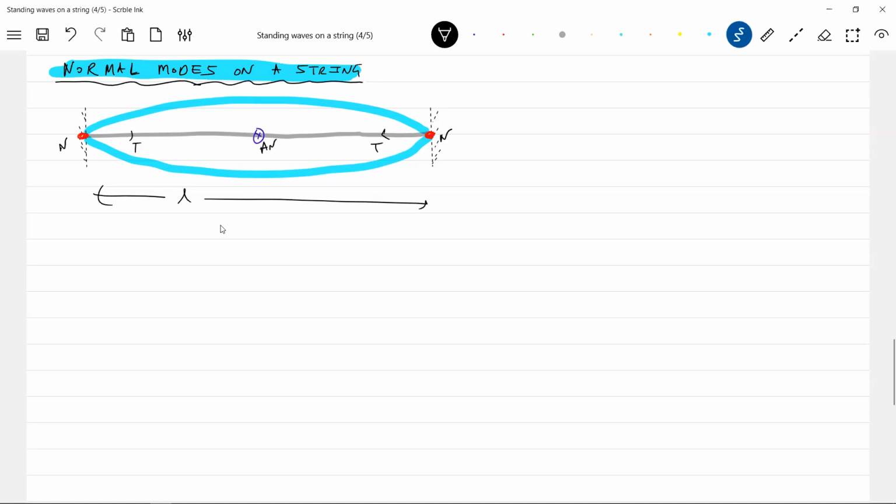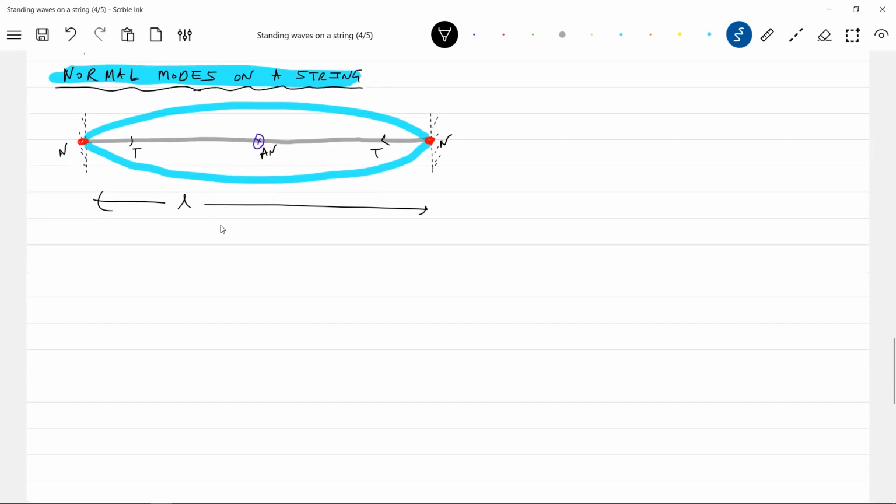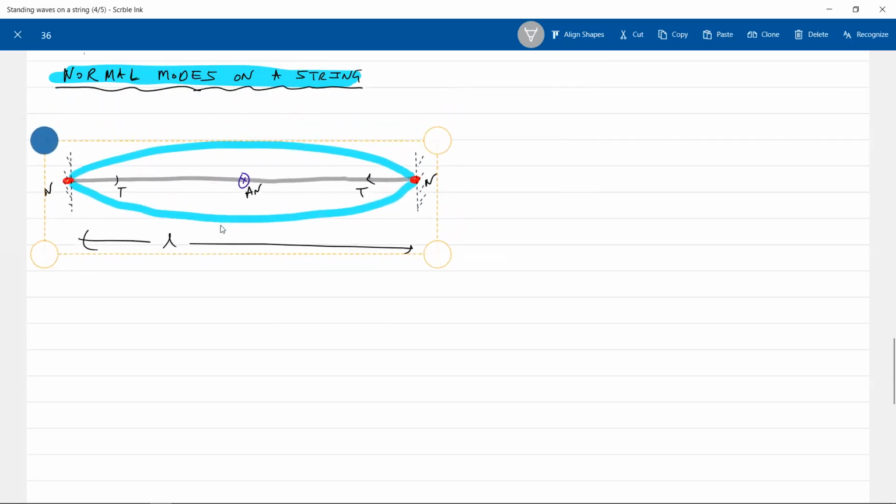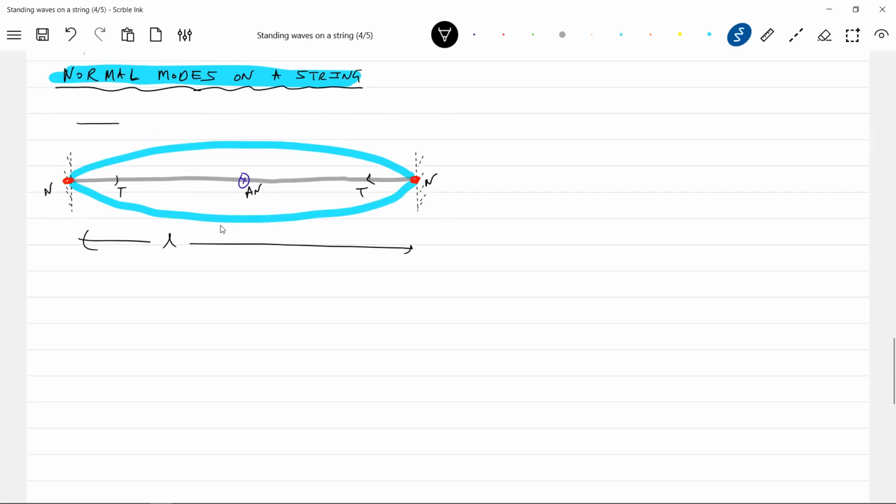Then we know the distance between nodes. What is the distance between adjacent nodes? It should be equal to lambda by 2. So at what frequency will it vibrate? These are the primary questions. So I'll start like this.